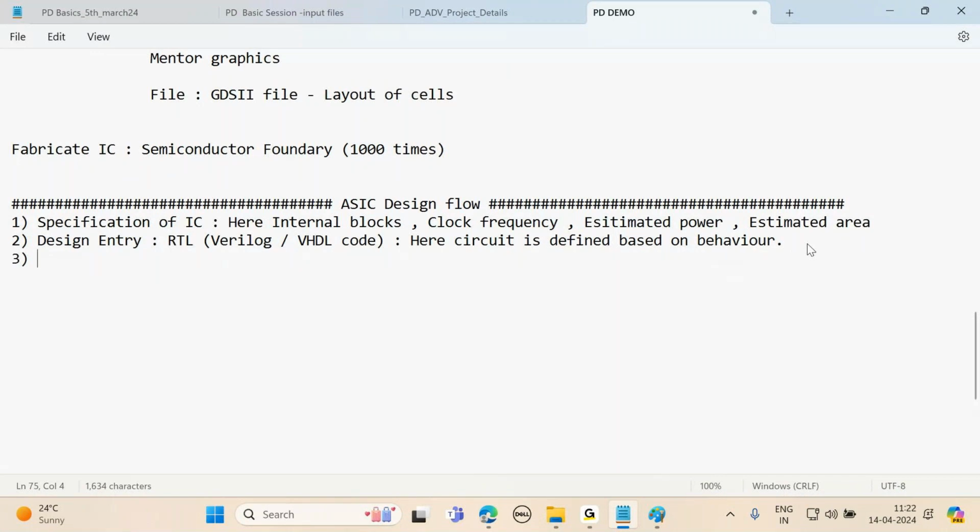Third step, design verification. Design verification is also called functional verification.